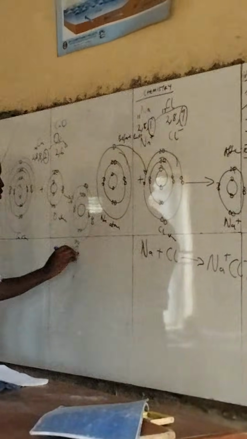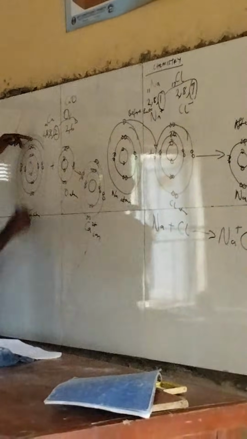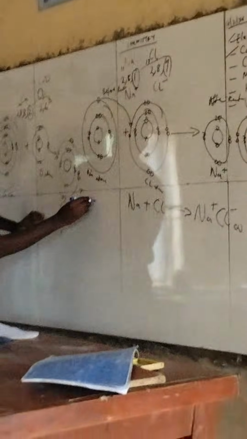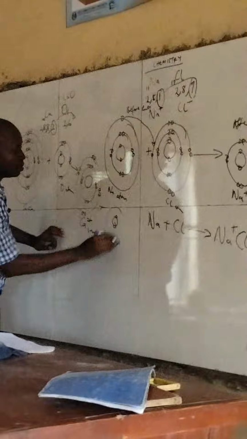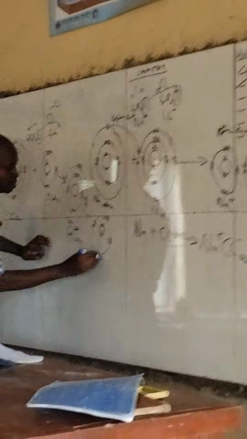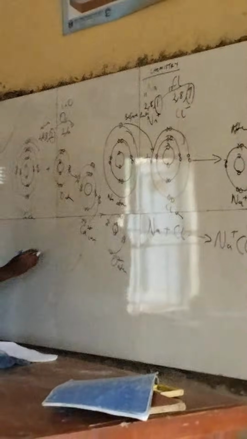This one is the calcium 2+ ion, which has lost two of its electrons. So this is the reaction.